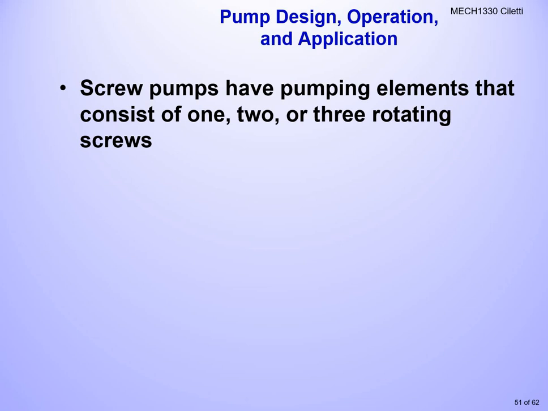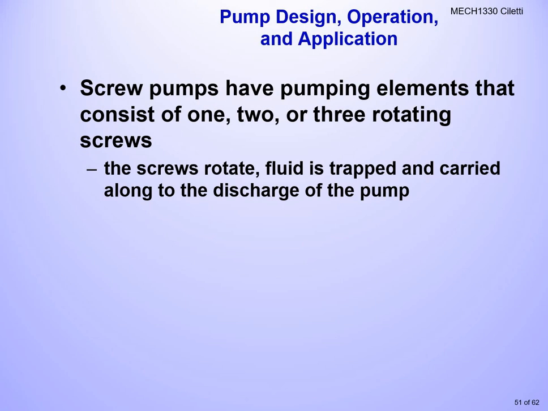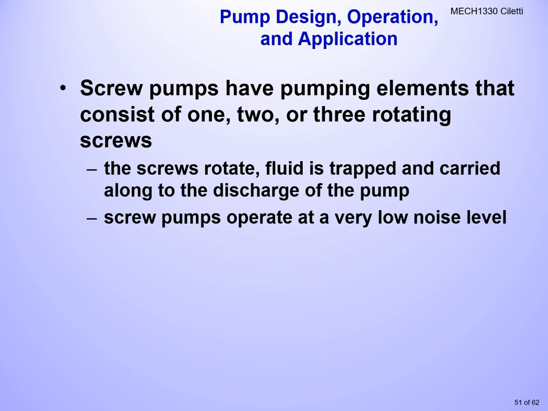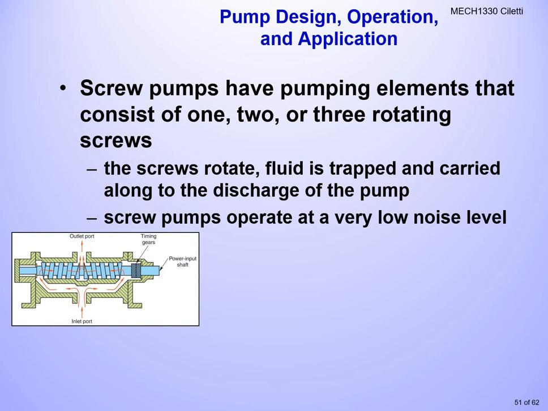We also have screw pumps. They have pumping inlets that consist of 1, 2, or 3 rotating screws, literally just like a screw we put into wood. We have those threads, and those threads on the screw trap the fluid and push everything along. We use screw pumps when we want very low noise levels going through a system.